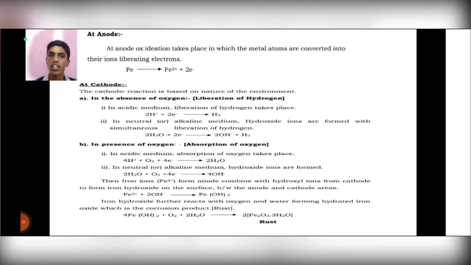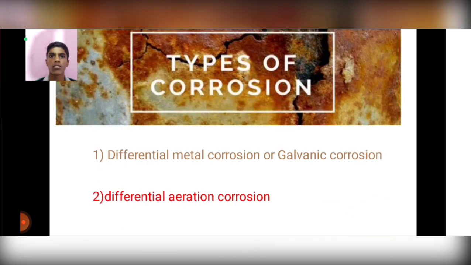Then the Fe2+ ions from the anode combine with hydroxyl ions to form a hydroxide between the anode and cathode area: Fe2+ plus 2OH- gives Fe(OH)2, iron hydroxide. The iron hydroxide further reacts with oxygen and water forming hydrated iron oxide, which is the corrosion product, rust: 4Fe(OH)2 plus O2 plus 2H2O gives 2Fe2O3.3H2O, rust.